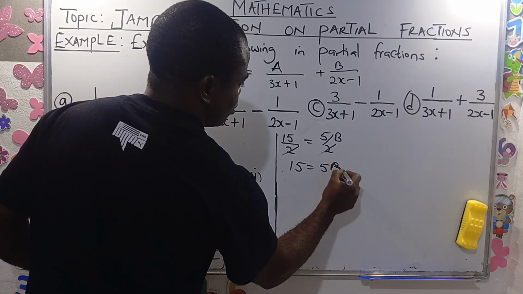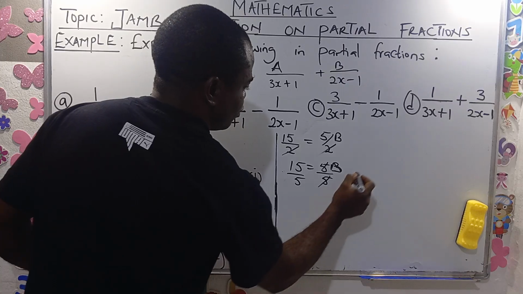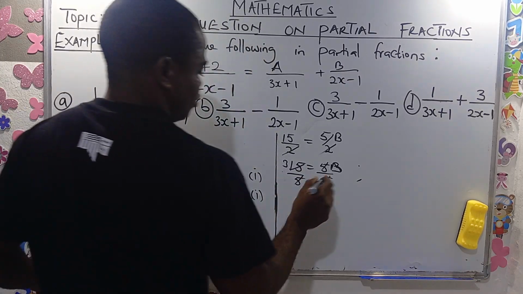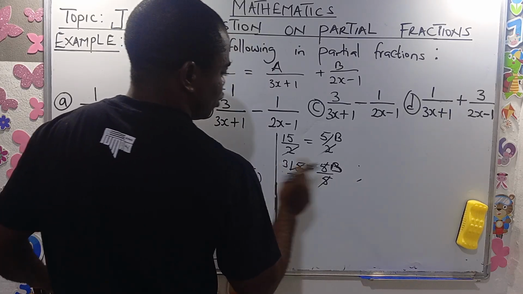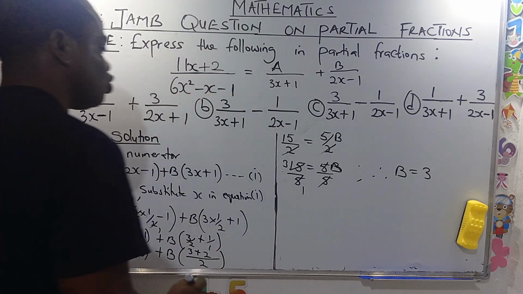Divide both sides by 5. 5 cancels 5, 5 in 5, 1, 5 in 15, 3. Therefore, our B equals 3. We have gotten our B to be 3.